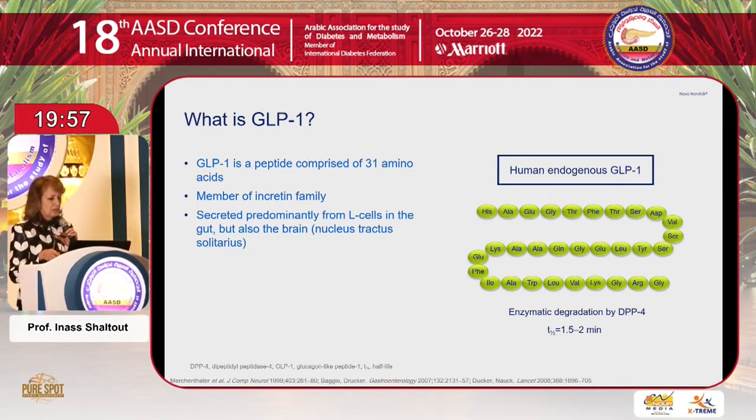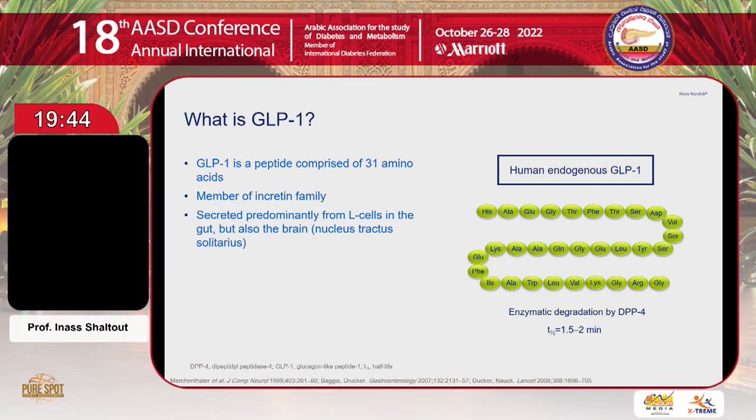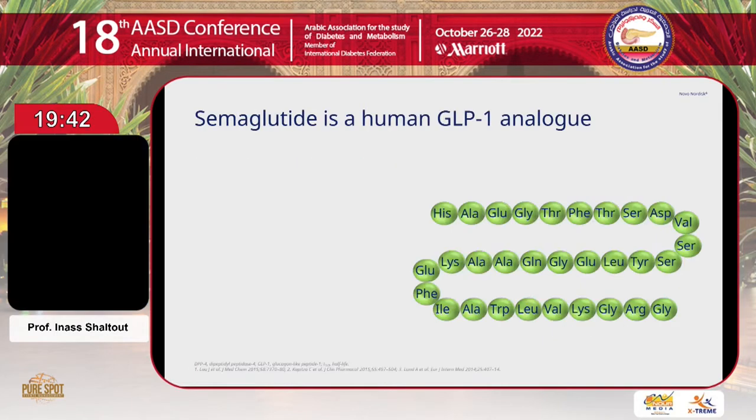What is GLP-1? GLP-1 is a peptide comprised of 31 amino acids, and there is a human endogenous GLP-1.